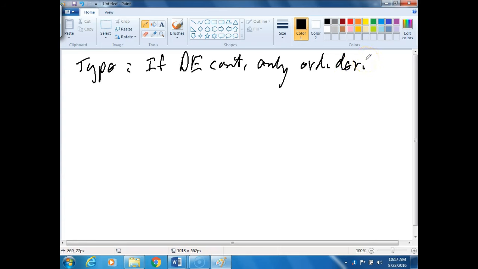Now I'm realizing why this follows Cal 3. Because right now all you've ever done are ordinary derivatives, right? In Cal 3 we will be learning partial derivatives.